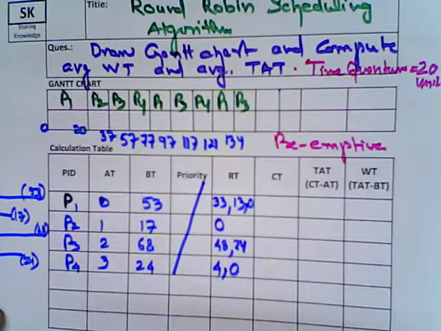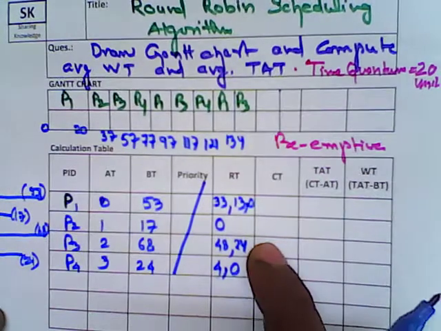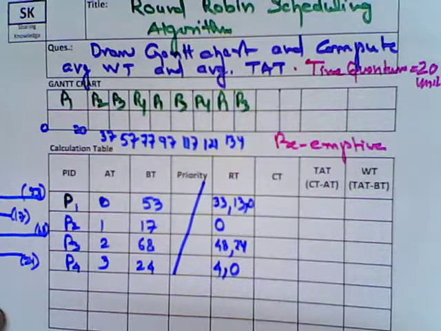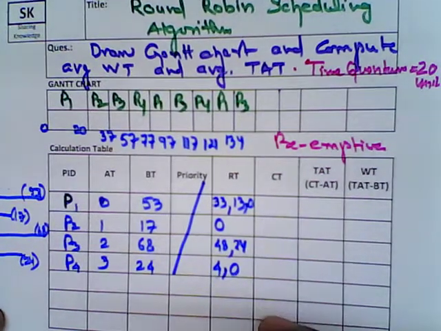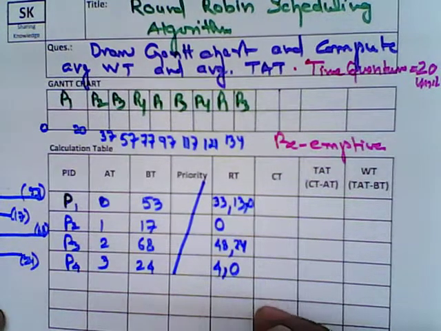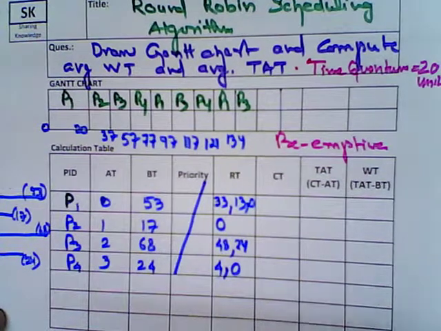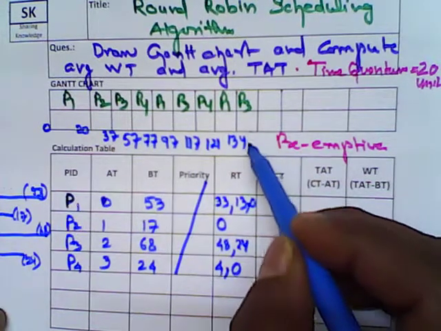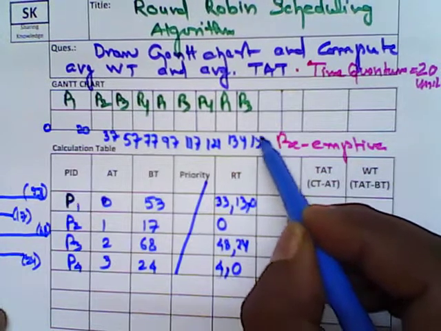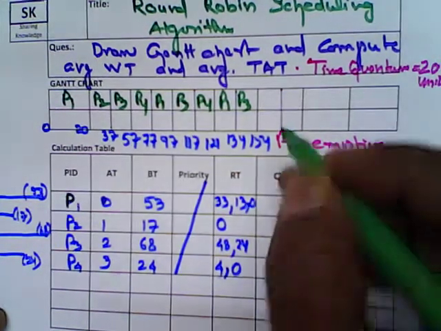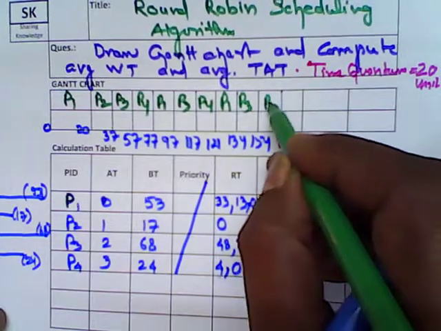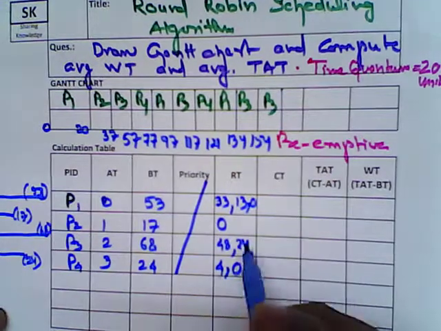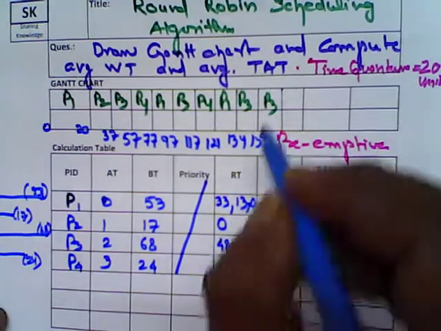Like in the earlier case, after the turnaround time is achieved, we are adding, like a non-preemptive. So here 134 plus 20 is 154. Then again we have to add one more P3, where here it was 4. So here 154 plus 4 will come here.